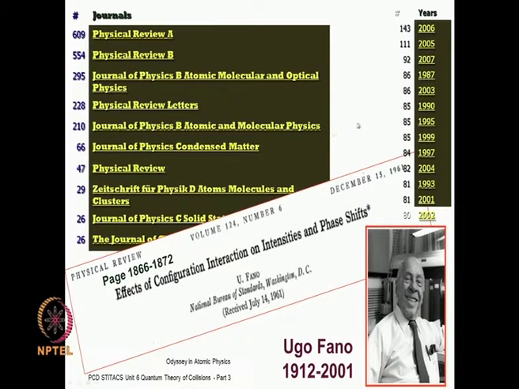Look at the number of citations in each year. Like in 2001, it was referred to 80 times, then 2004 82 times, 1997 84 times, 2006 143 times. The number of citations in PhysRev are well over 600. Thousands of citations.